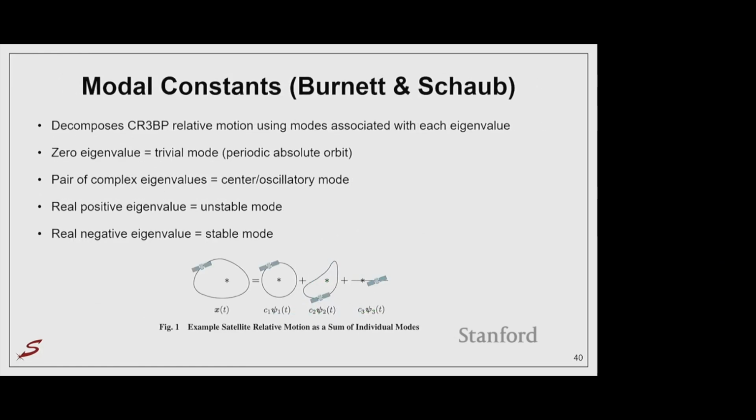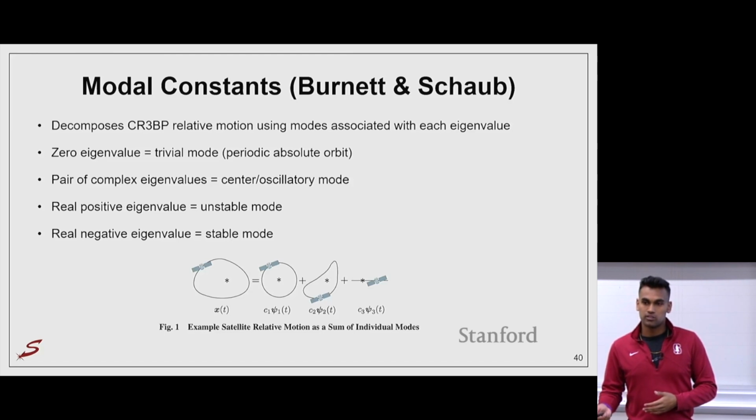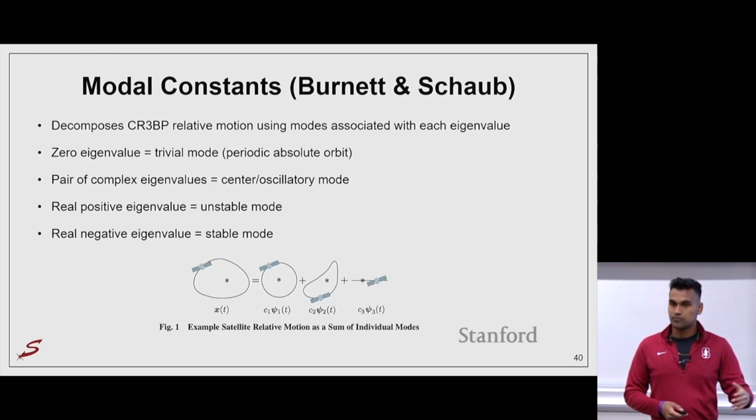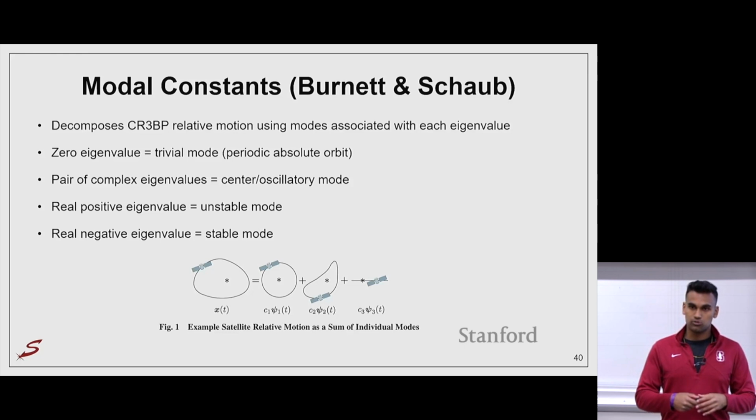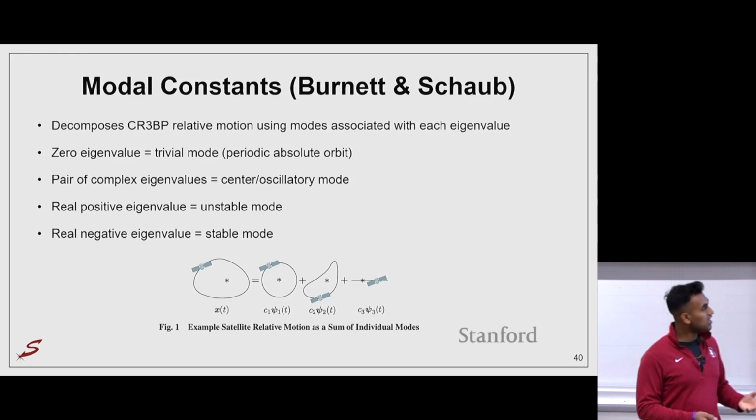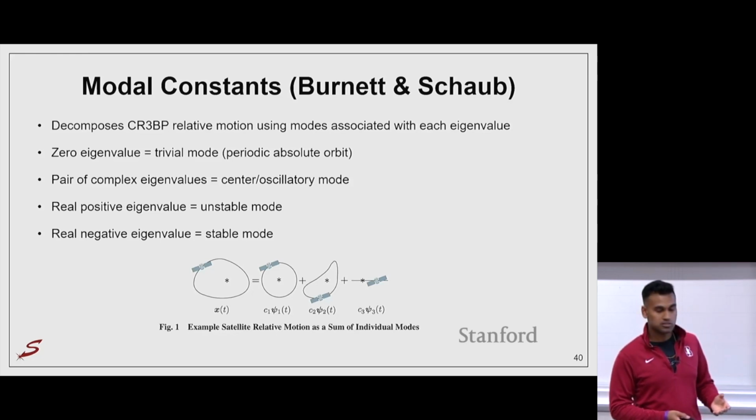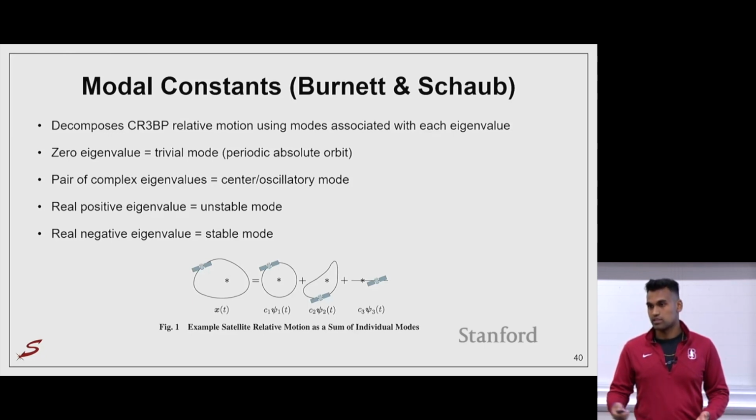Then we see another approach called modal constants or fundamental solution constants, which is basically decomposing the spacecraft relative motion as a sum of the individual modes associated with each eigenvalue. This is why I said the monodromy matrix we mentioned earlier will come in handy. The eigenvalues that result from the CR3BP could be the zero eigenvalue, the trivial mode associated with being on the periodic absolute orbit.